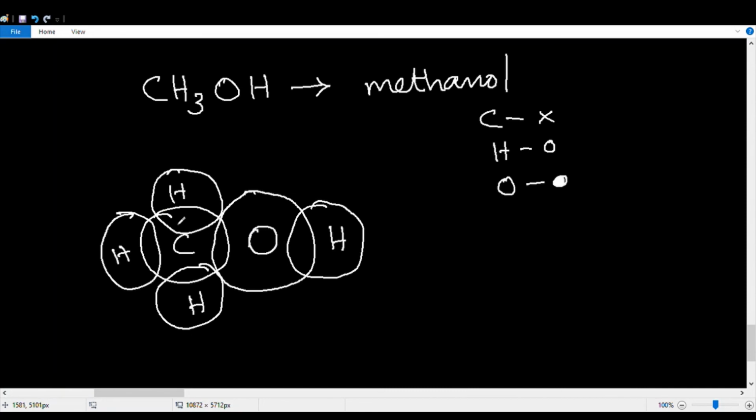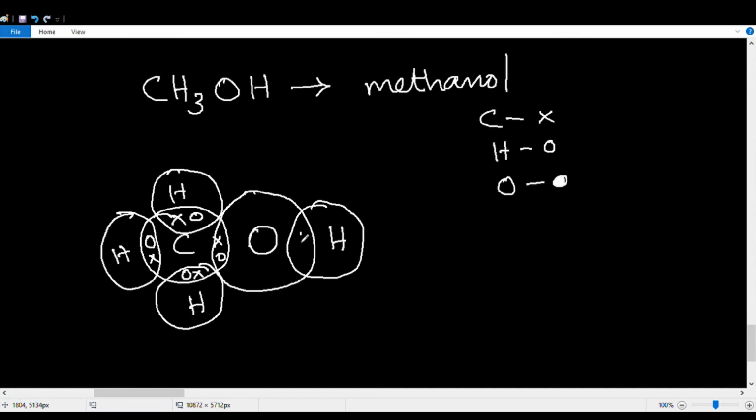So hydrogen's electron is a circle and carbon's is a cross. Carbon gets 4 electrons by sharing, so carbon's outermost shell becomes 8 electrons, and each hydrogen's outermost shell now has 2 electrons, so hydrogen is also stable.